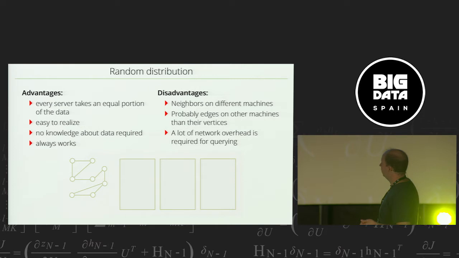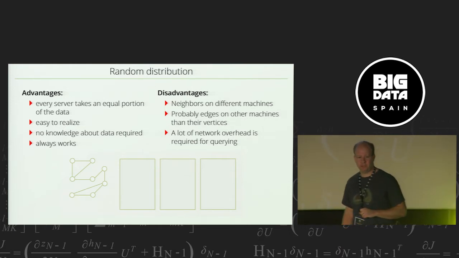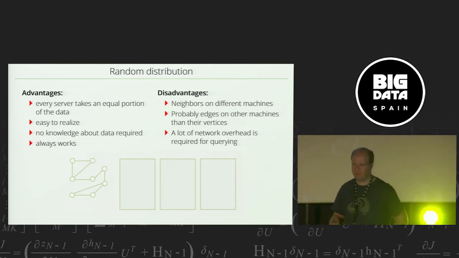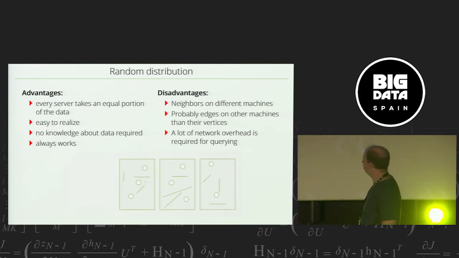Therefore, what can you do? If you do it naively, then you have a nice graph, and imagine this has billions of edges. You distribute it in a nice random way, which makes sure that equal parts of the graph are distributed across my machines. You end up with this. The vertices, the edges are randomly distributed. This trick always works.